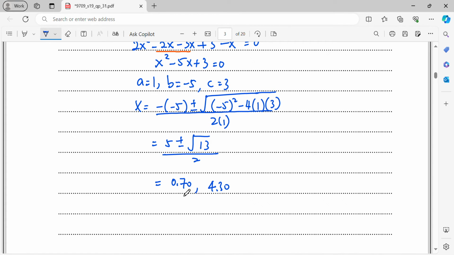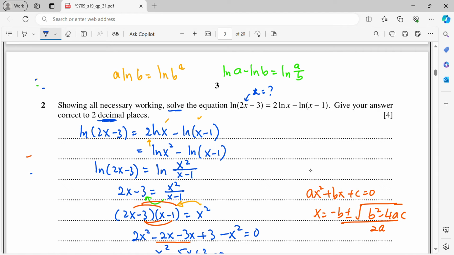Now, you are getting 2 values here, but when you look at the question, you need to solve. Since we have ln here, make sure ln of a positive value, everything is positive.